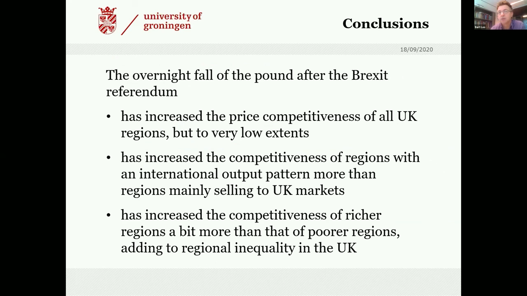And we also find that if we take all elasticities into account, allowing for changes in the structure of value chains, the competitors of those regions that tend to export a lot to international markets gained more in terms of competitiveness than others. And we also find that those regions that are relatively rich have become a bit more competitive in general than the poor regions, which adds to regional inequality in the United Kingdom. Thank you very much.